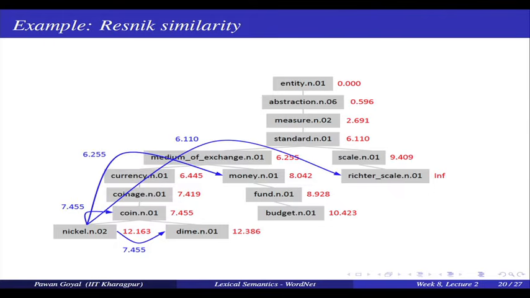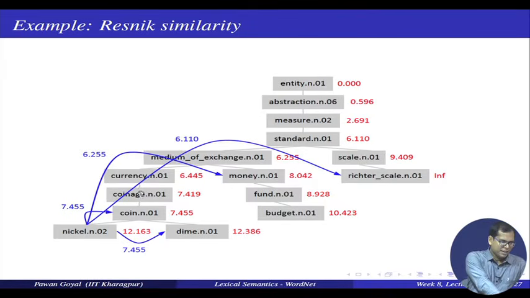It will be highest when you are at the leaf nodes, but if you keep on going up, the similarity will decrease. So this is capturing what you wanted to do, but still there is one problem here. Can you find out what the problem is? One problem here is, if I find the similarity between coinage and money, this will be the same as the similarity between coinage and budget. Yes, because their LCS is the same.